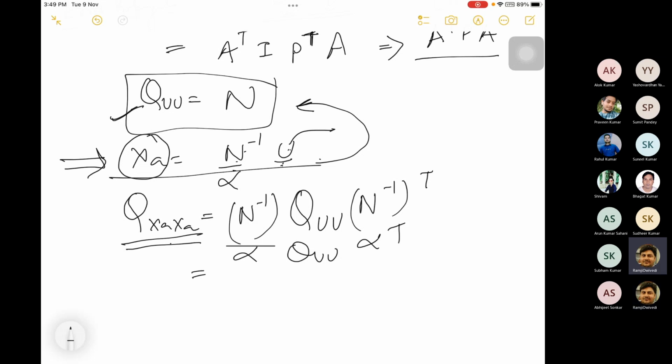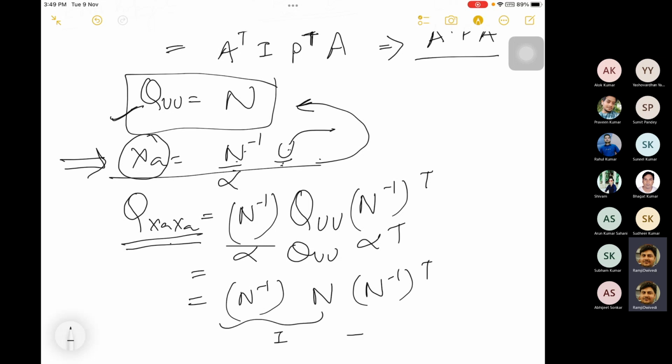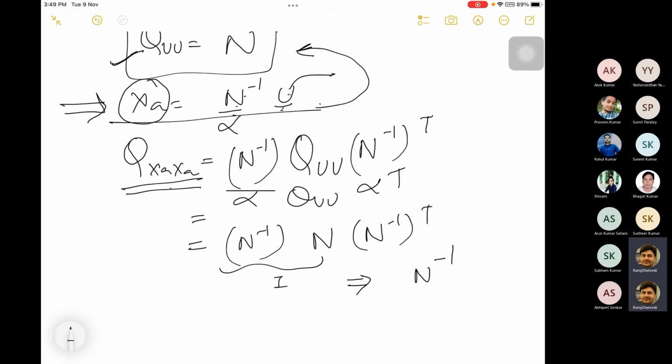Okay. So what is QUU? N. N inverse transpose. So this would become identity. QXA would become N inverse. When you take the transpose, it will again be N inverse. Okay. So you have got QUU, you have got QXA.